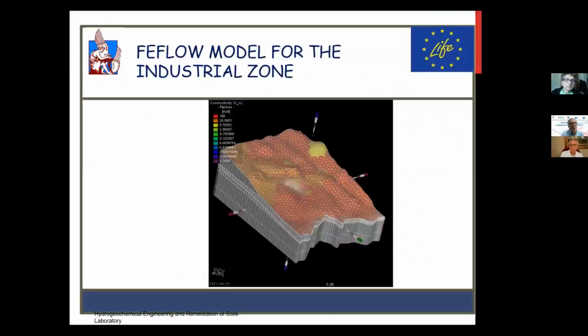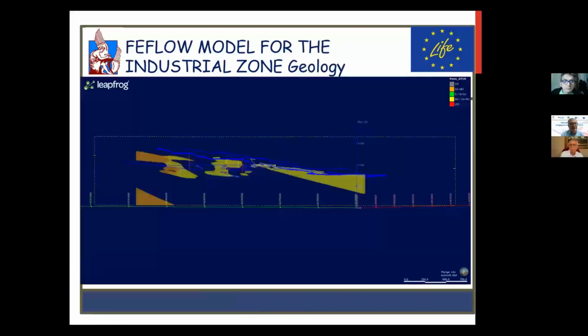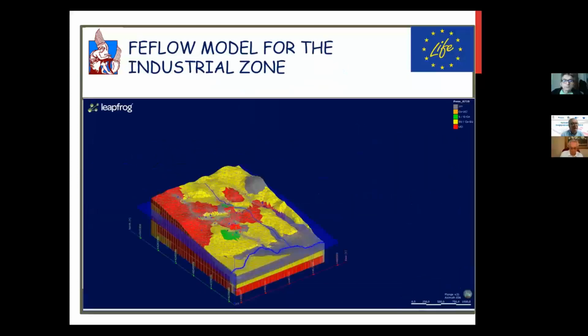We went for a more detailed model now, using FEFLOW, and we concentrated only on the area where the industrial park is. This is one picture of the geology, a very complicated geology if we concentrate on the industrial park area. And this is an overview of the FEFLOW model.